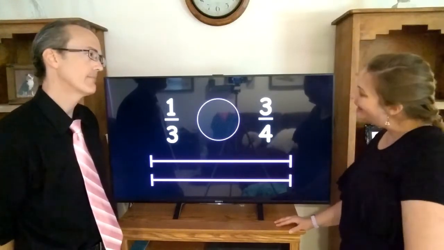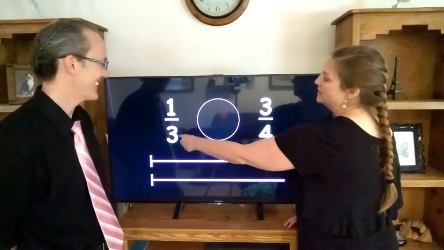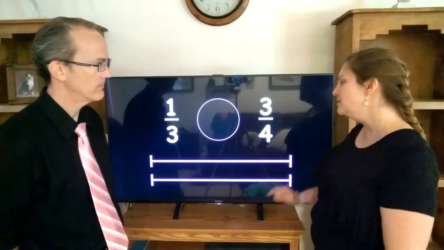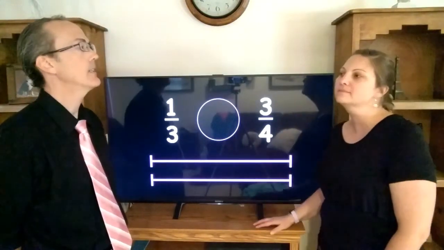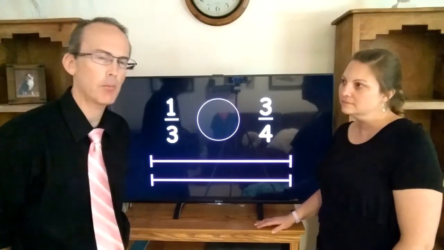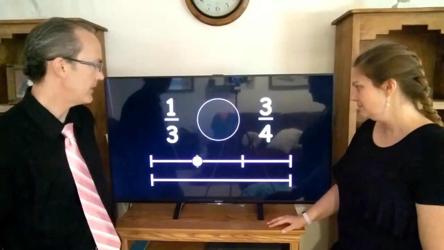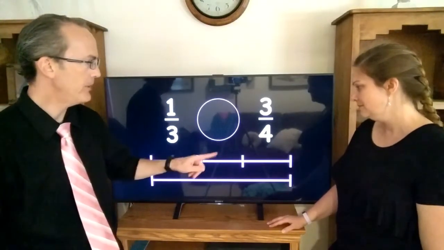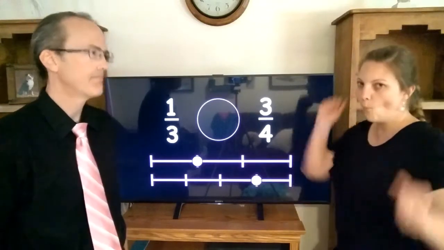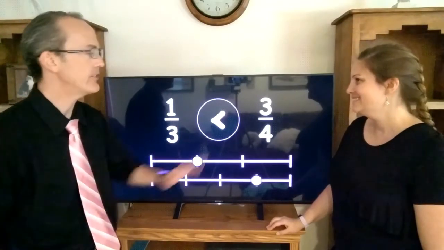So, well, this one has 2 pieces missing out of the whole, and this one only has 1 piece to be a whole, so I think mine's bigger. Ah, very interesting. I like how you thought through that problem. Okay, we're going to divide it into 3 equal pieces, and the first piece gets the mark. 4 equal pieces for yours, and the 3rd piece gets it. You are correct. 1/3 is less than 3/4. Nice job.